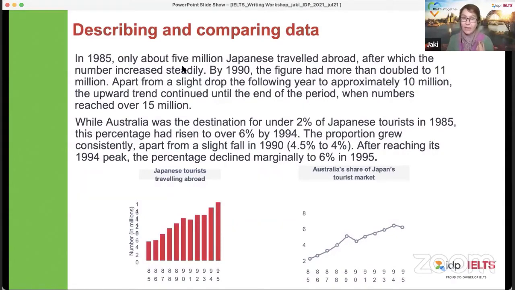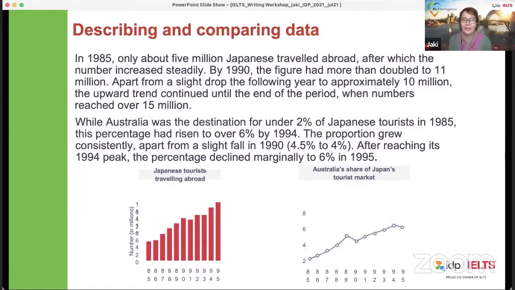Yeah, you could say that. After which, this is comparing before and after, right? And apart from, that's right. So these kinds of phrases, after which, apart from, in comparison, in contrast, these are all very good to use, and you must use them because remember your third job is to compare.